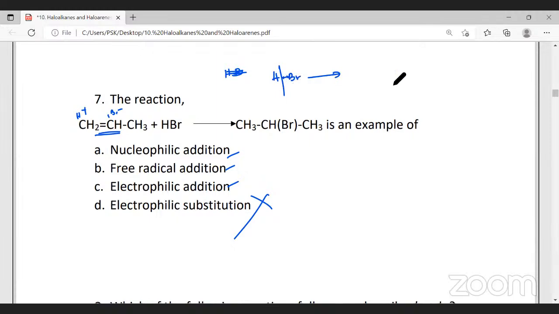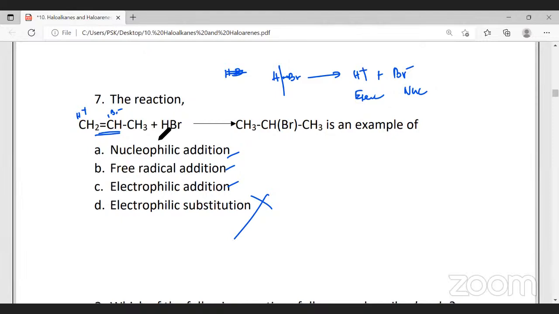Both the electrons are gained by bromine because bromine is electronegative, giving Br minus and H plus. This H plus is called an electrophile and Br minus is called a nucleophile. Electron-rich, negatively charged groups are called nucleophiles, and electron-deficient groups like H plus are called electrophiles.